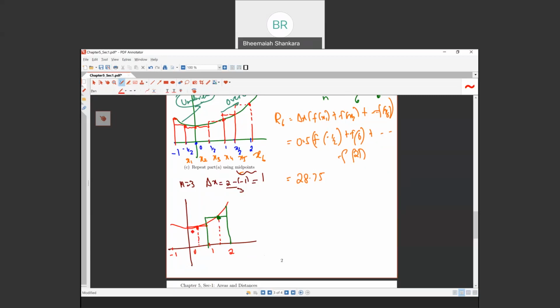Then you see you are overestimating on the left and underestimating on the right. Similarly, you draw the midpoint, draw the horizontal line, and then you draw this vertical line. So sometimes you're seeing an underestimate, sometimes you're seeing an overestimate. It's a combination of both when you choose the midpoints. So let me redraw this a little bit.